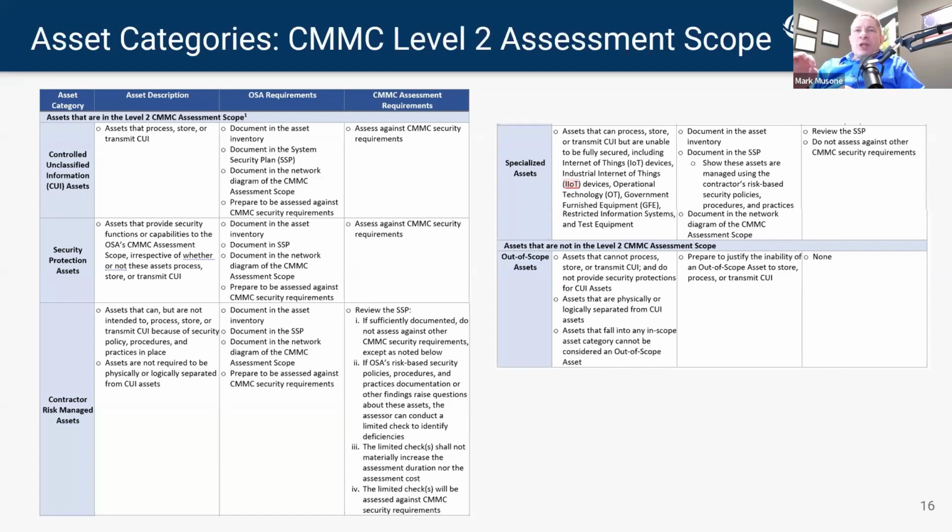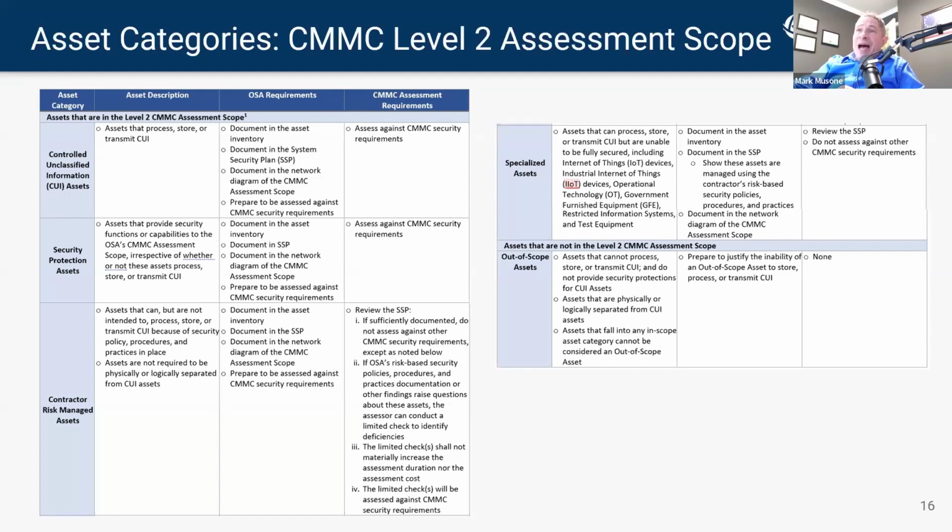If the organization has the proper policy, procedures, and practices in place for an asset that's not intended on handling CUI, then as long as that asset is documented appropriately, it doesn't need to be assessed, and it will not be assessed against CMMC. So you have these assets that are not intended on handling CUI, and you're making sure you have the proper policies and procedures in place so they're not touching CUI.